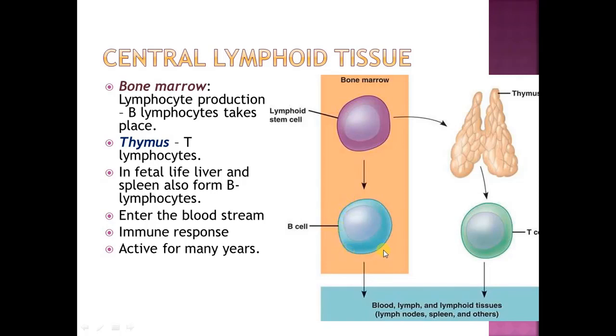Through this they bring about the immune response, and they are very short-lived, and they are continuously produced from your bone marrow, spleen, lymph nodes and other lymphoid tissues wherever present. So that is the difference between the T lymphocytes and the B lymphocytes.